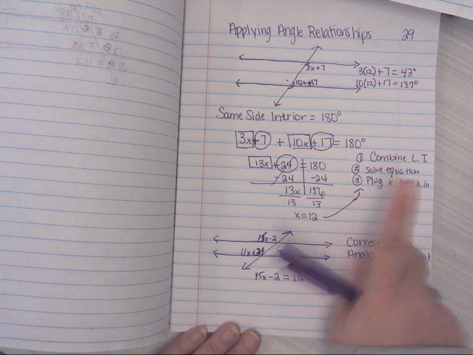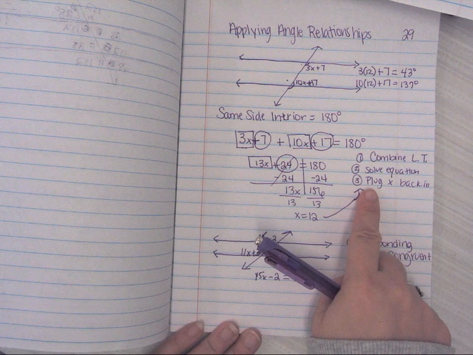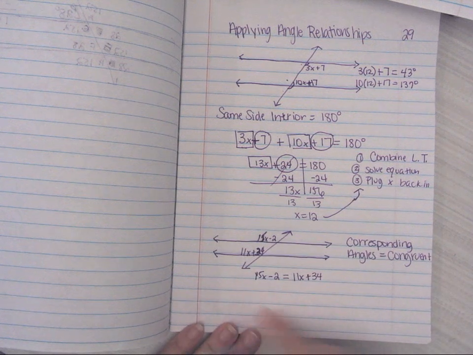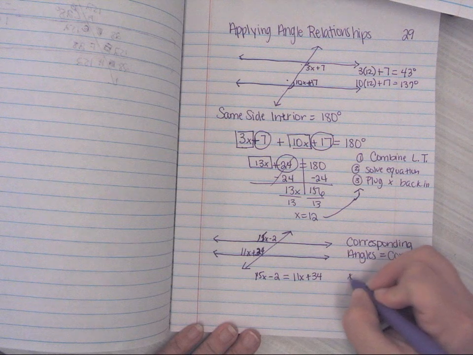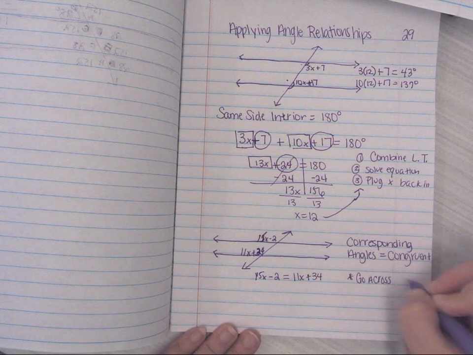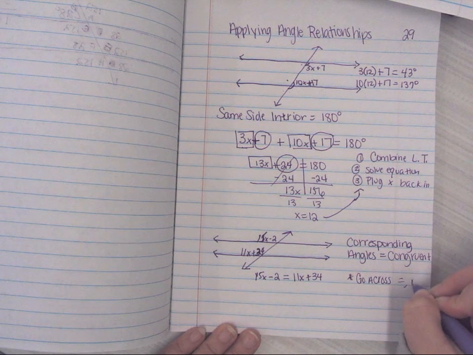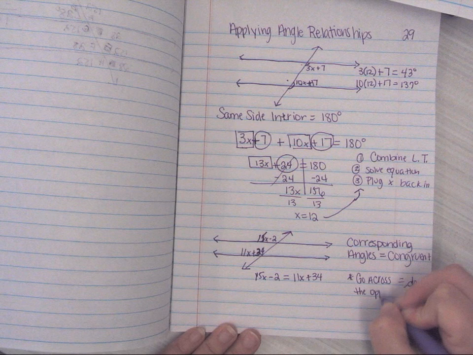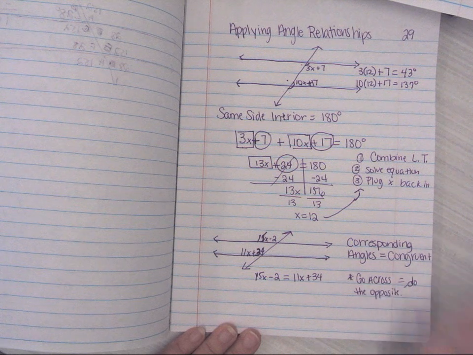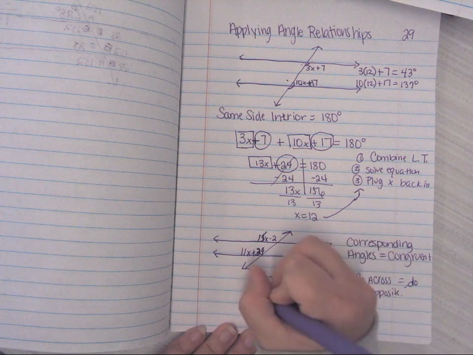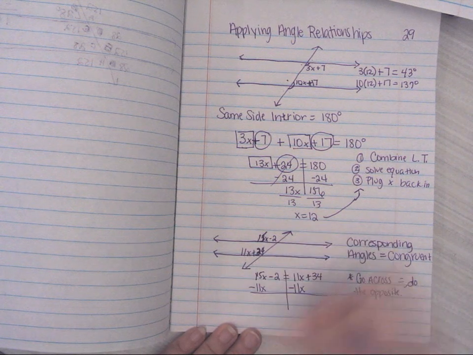We're going to do the same steps, combine like terms, but this time we have to combine like terms across the equal sign. So remember that whenever you go across the equal sign, you're doing the opposite operation. So we're going to subtract 11x from both sides.